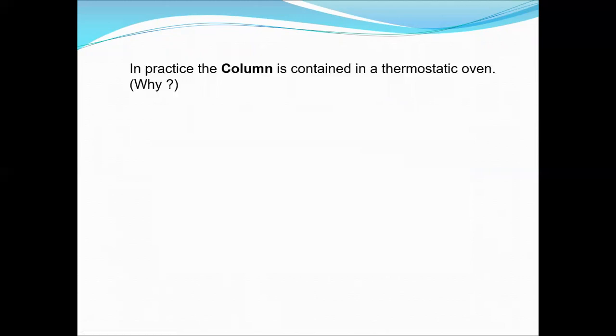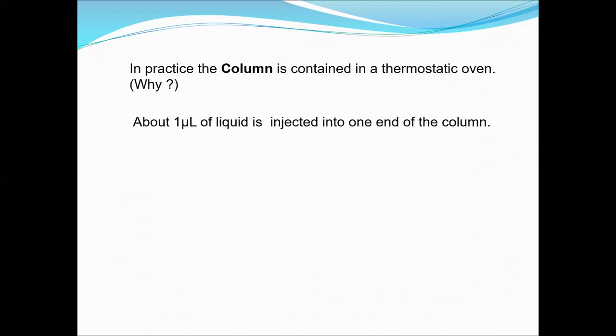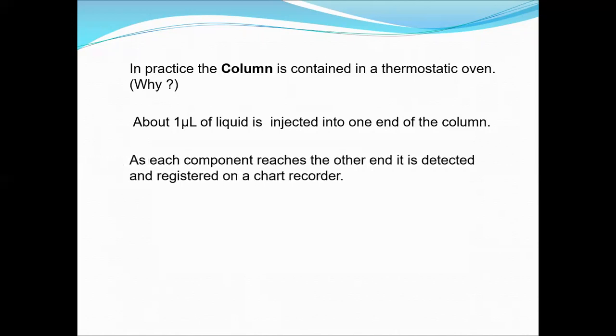In practice, the column is contained in a thermostatic oven. See here for gas chromatography, how the process is done, I'm explaining. About 1 ml of the liquid is injected into one end of the column. Each component reaches the other end.